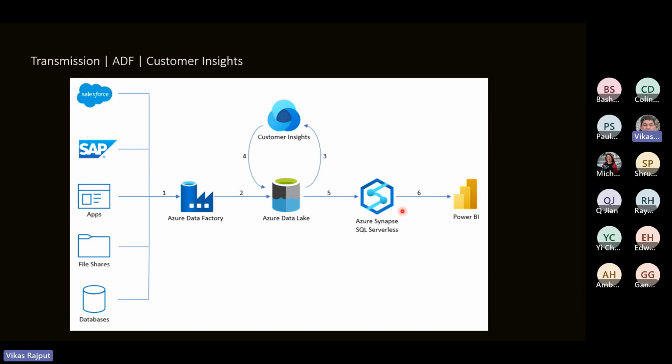But any which way, the point is that Azure Data Factory can go and connect with all these data generators. Can be Salesforce, can be SAP, can be your custom applications or web applications or your file shares or data stores, relational, non-relational, semi-relational, whatever it is. All of that you can bring in.